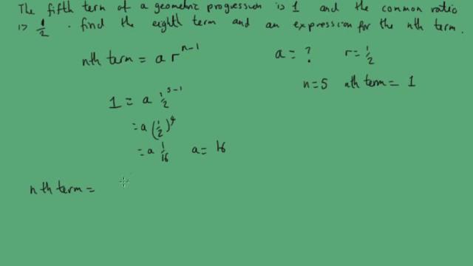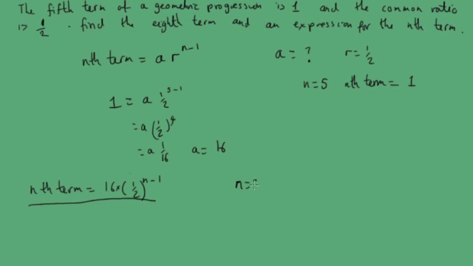So this gives us our expression for the nth term. It must be A, which is 16, times a half, which is our common ratio, to the n minus 1. So that's our term for the geometric progression for the nth term. Now we want to know what the 8th term is.